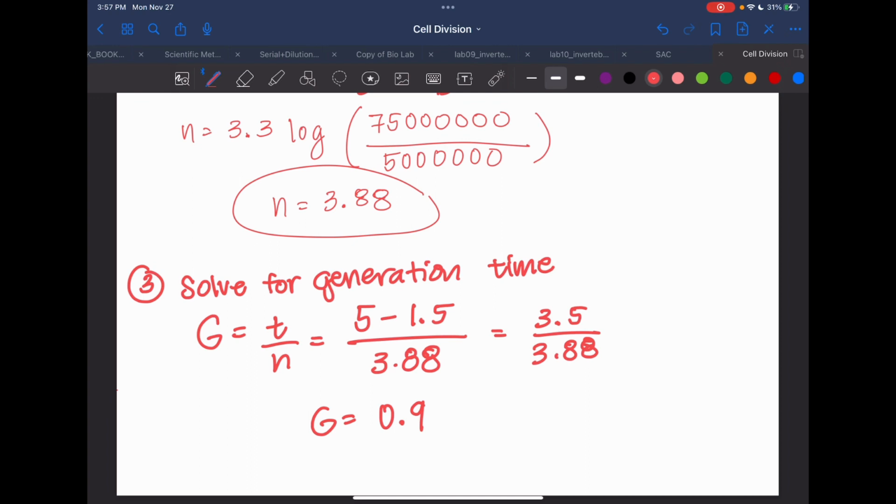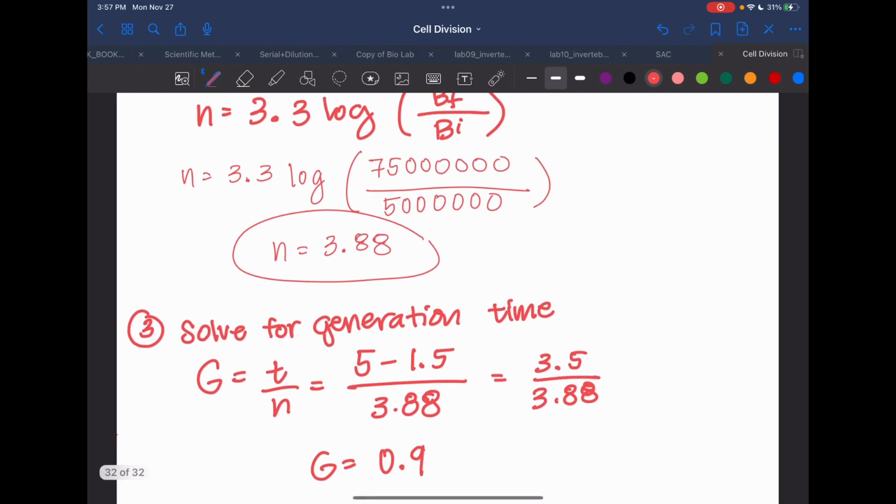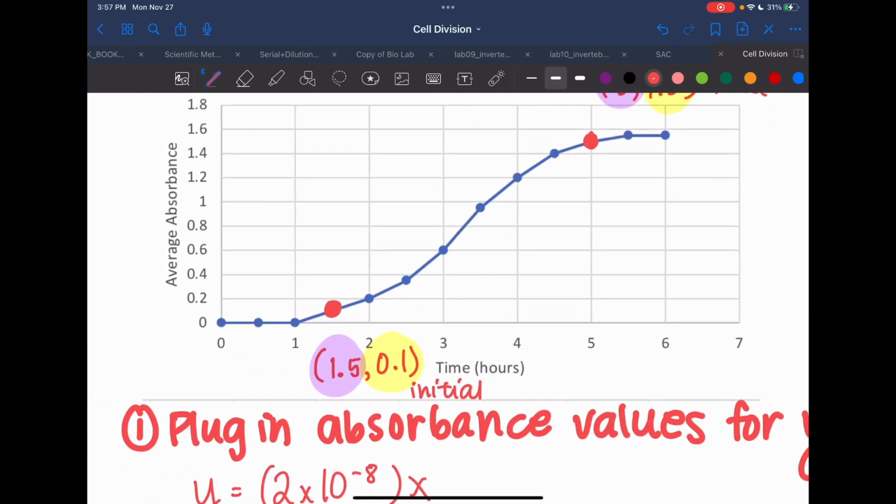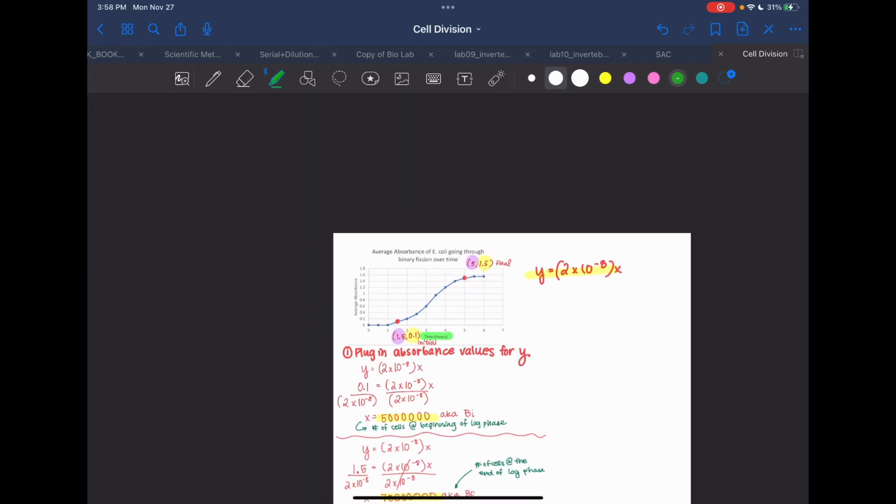So it's 0.9. And for this case, it depends on what you're looking at, right? Because our axes in this case are hours. So if it's minutes, make sure you put minutes. If it's seconds or hours or days or whatever, make sure you have the proper label.